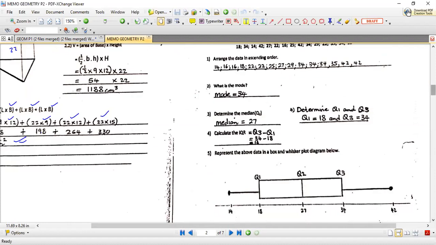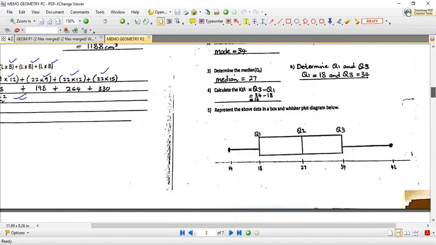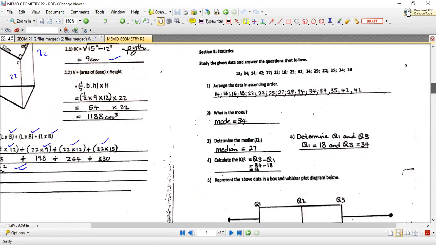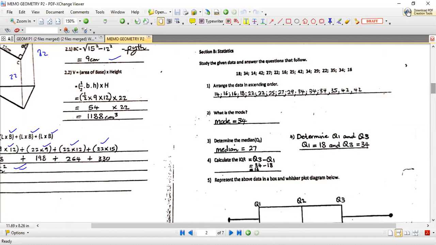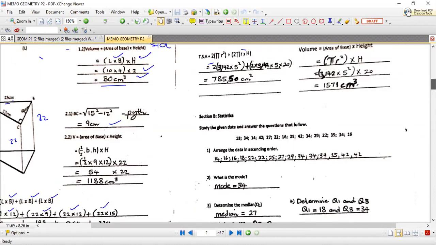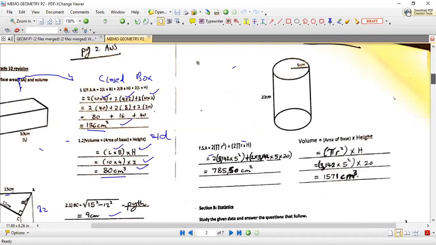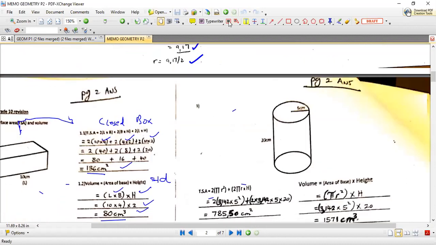Remember, this was what we did in the first term, and if you recall, it was the box and whisker diagram, and it pertains to quartiles, mean, median, and mode. Okay, we are going to move on to our next page.